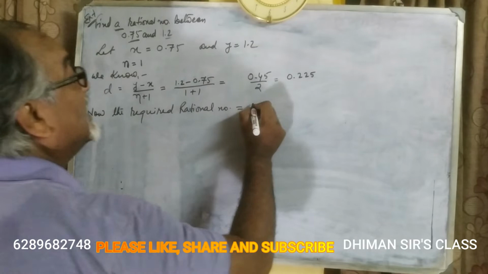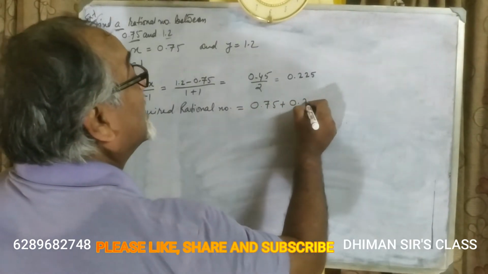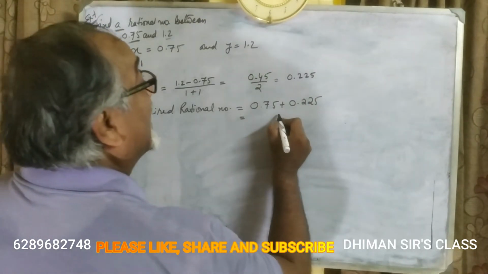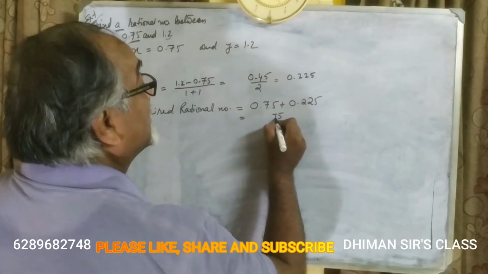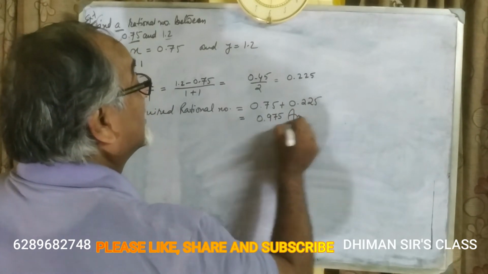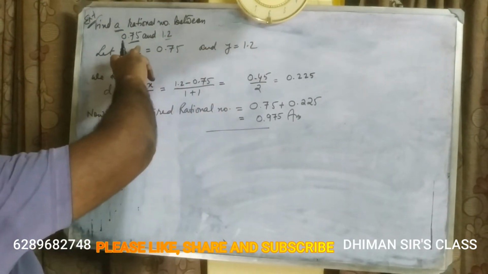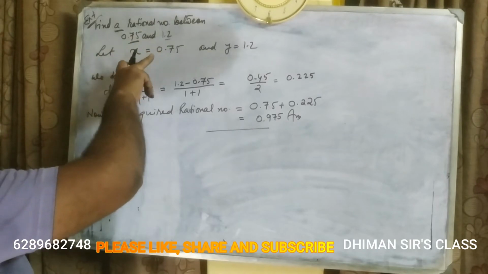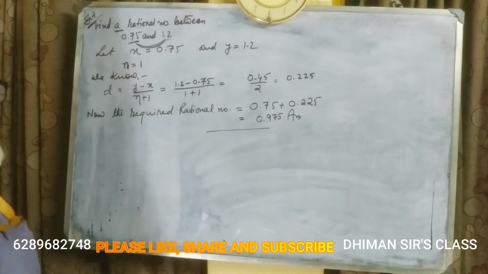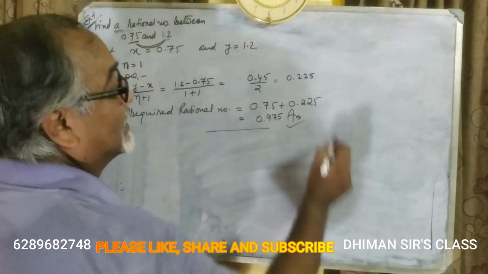You will get 0.75 plus 0.225, that means 5 plus 0, 5, 2 plus 5, 7, 2 plus 7, 9, 0.975 is the answer. And even though there are infinite rational numbers between these two, we are asked to find only one rational number, and that is it.